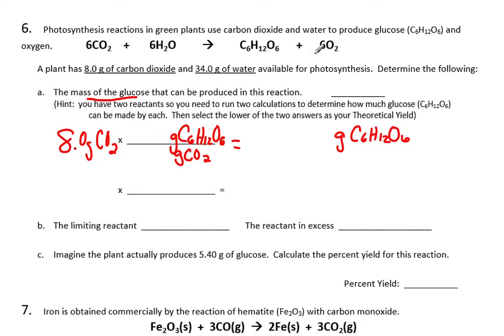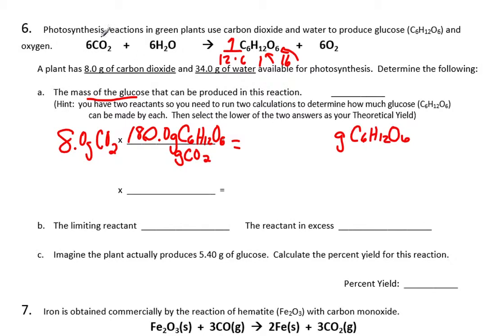So now all we need to do is look at our balanced equation to get the numbers that go here. So let's do the glucose first. You got carbon times 6, carbon's 12 times 6 in the formula, hydrogen's 1 times 12, and then oxygen 16 times the 6. So figure out what all that is.